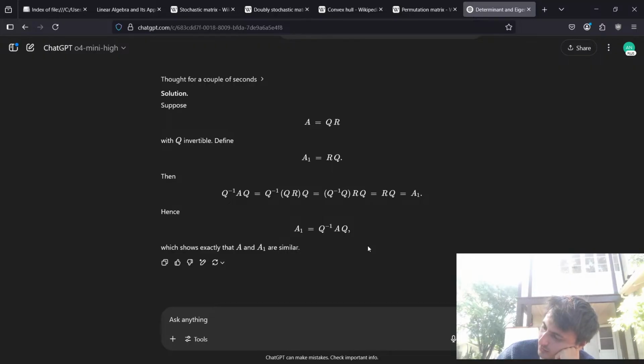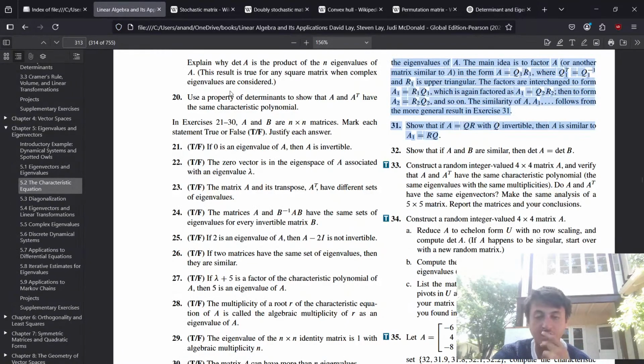Therefore, A is similar to RQ. I knew it was going to be just apply the thing. It's never as complicated as I thought.